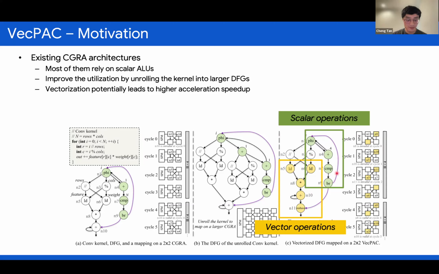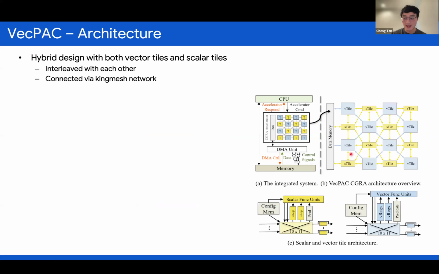By that I mean vectorizing a kernel, normally leveraging the LLVM vectorization pass, not all the operations can be vectorized, right? You still have some unvectorized ones, like the iterator increment or compile-branch control related operations, but some computation-related ones can be vectorized. So in this way, it motivates the hybrid design. Like for WACPAC, the CGRA design is a hybrid, with the vector tiles and scalar tiles interleaved with each other.